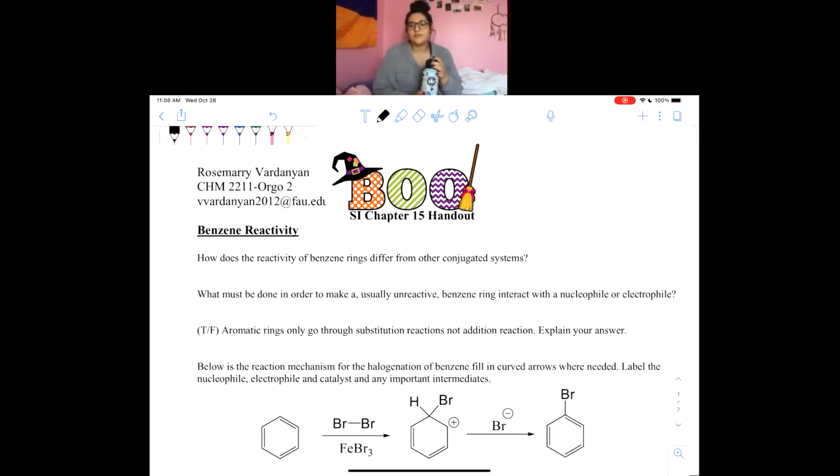Chapters 14 and 15 are like that, where they build on each other. Chapter 14 just told you the basics of aromaticity, and then chapter 15 builds on those basics and does these substitution reactions.